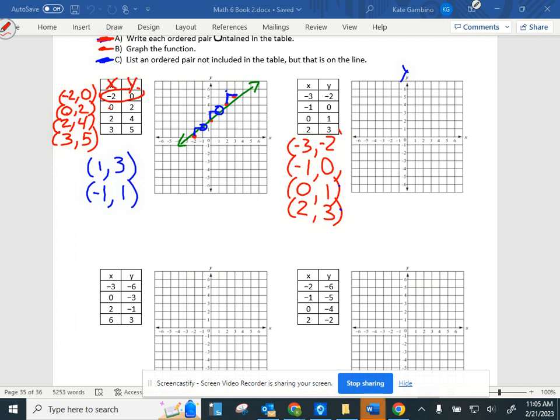So let me try that again. Ooh, much better line. Okay, so we're good with that step, right? The drawing the line, connecting the ordered pairs.